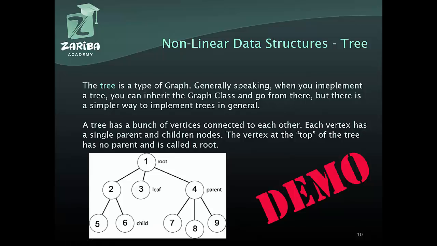I would like to ask again, what's the difference between a tree and a graph? Can anyone tell me? There are a couple of very distinctive features that the tree has, which are different from the graph. In a graph, we can draw an edge like this, an edge like this, connect these two, and have directions, weights, and so on.